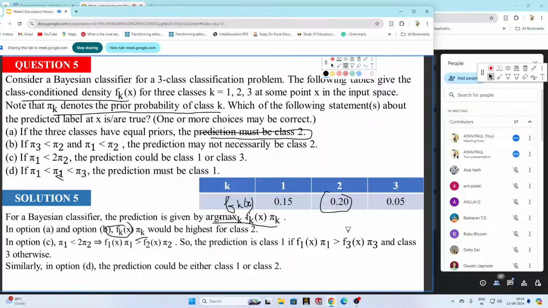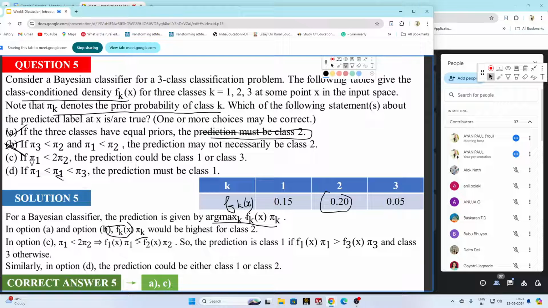Similarly, as f2 is greater than f1 and pi 2 is greater than pi 1, the prediction will necessarily be class 2. So this option is incorrect. A is correct, B is incorrect.